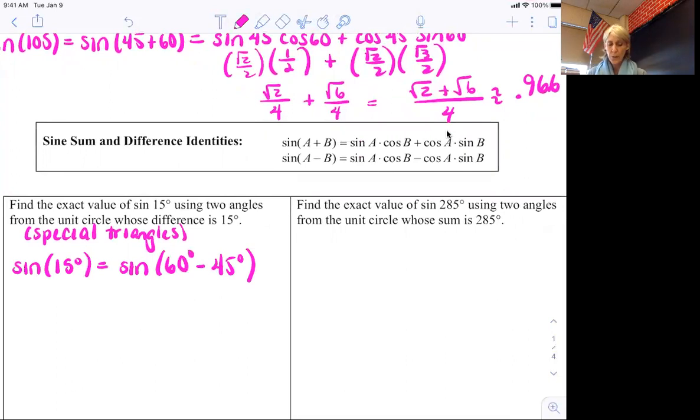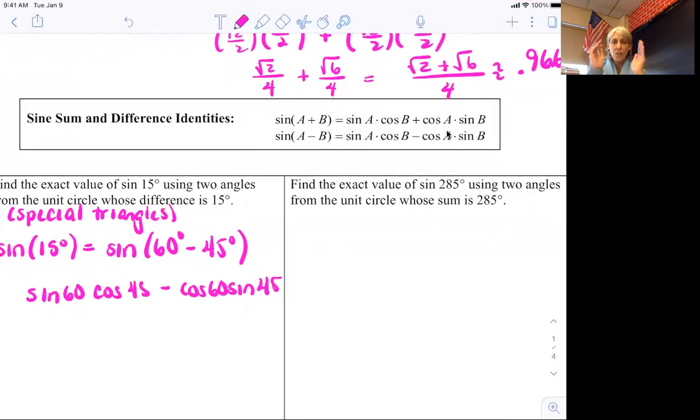Okay, you could use 45 and 30 as well. You would get the same answer. It would just look a little bit differently. So now I'm going to expand this using my formula. Sine of 60 cosine of 45 minus cosine of 60 times the sine of 45.